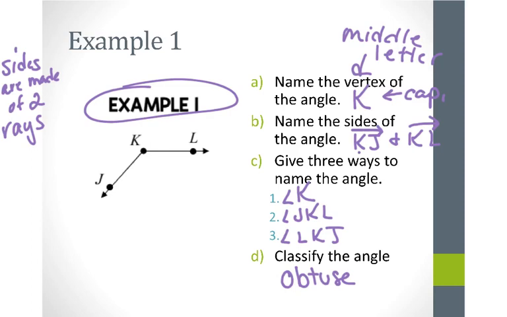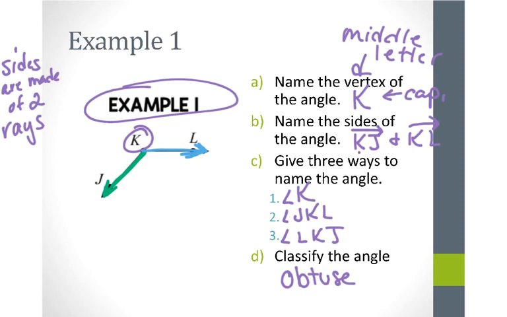So we're naming the angle based on the middle letter, which is K. I need to name the sides. The sides are made up of rays, so they start at the vertex and then extend out. That green one is 1, and this blue one is the second.